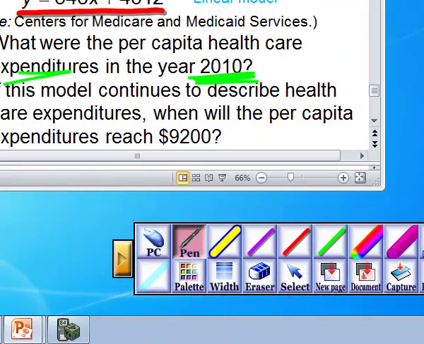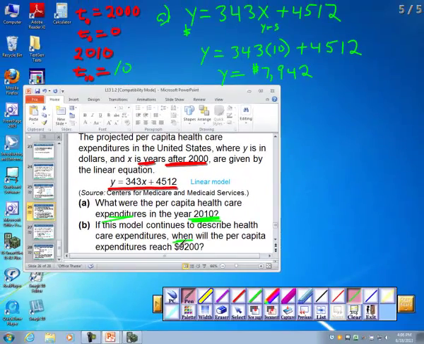Now part B, if this model continues to describe healthcare expenditures, when will the per capita expenditures reach 9,200? Okay, now where does that 9,200 go?